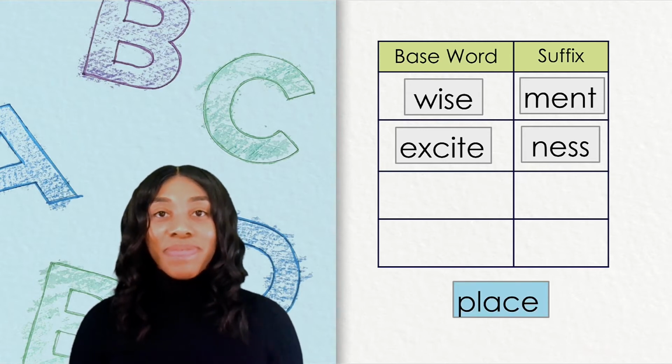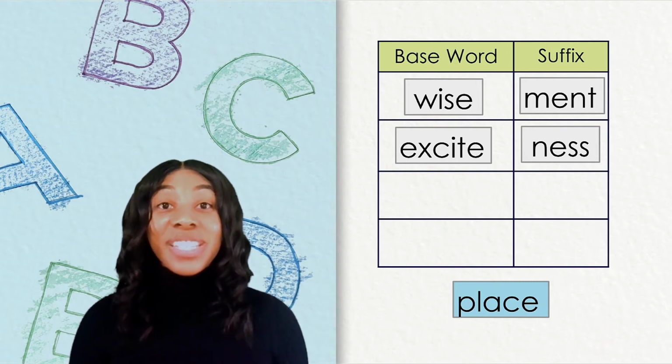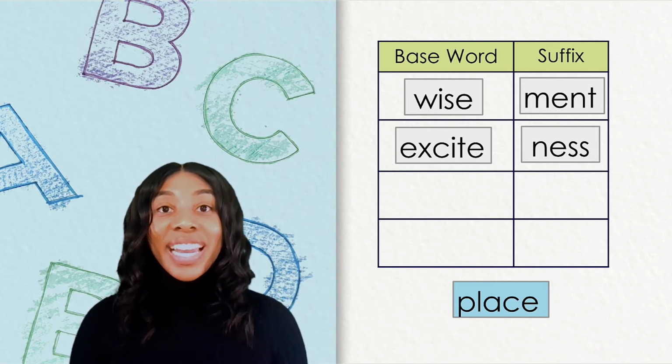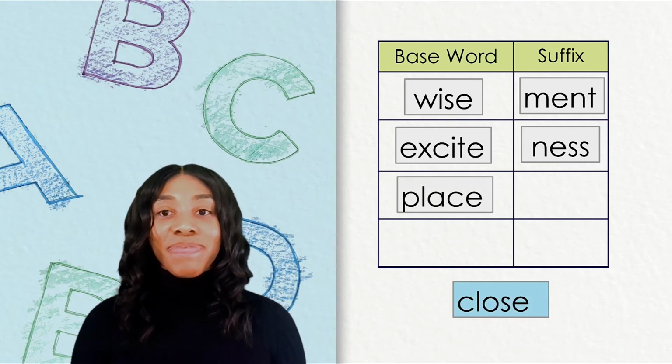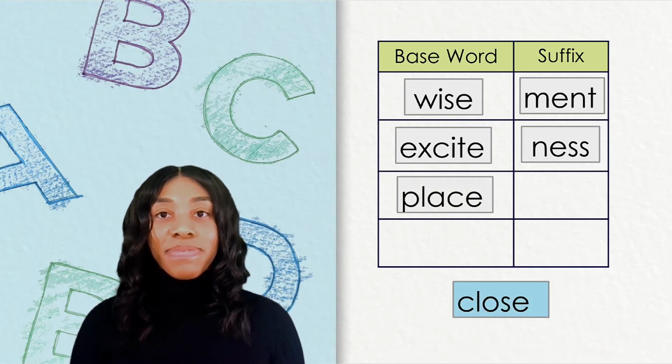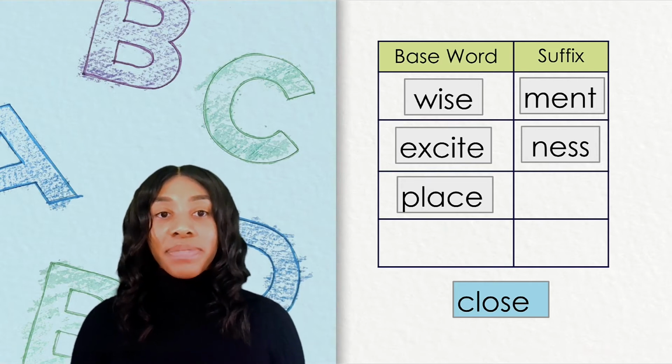Place. Is place a base word or suffix? Place is also a base word. We can add affixes to it to change its meaning. Close. Is close a base word or suffix?